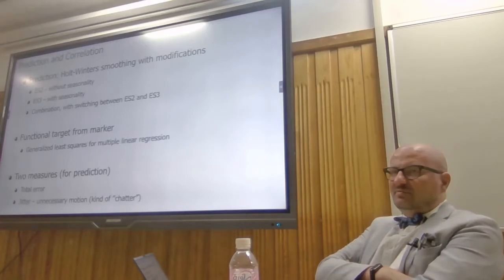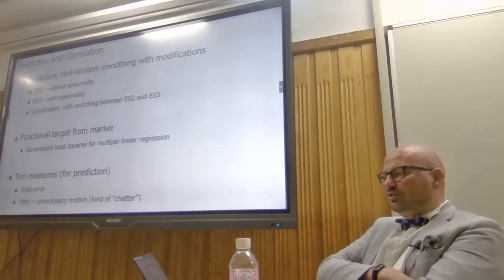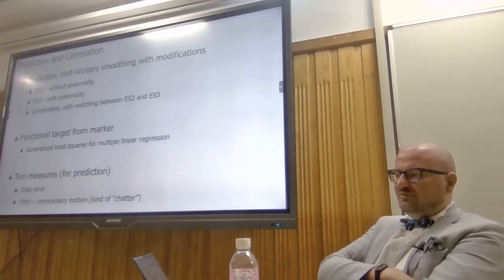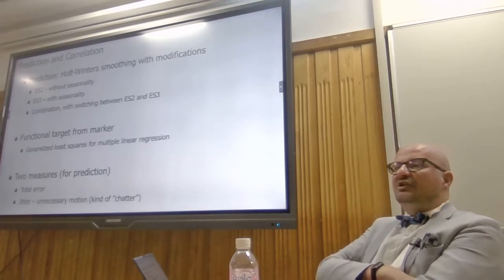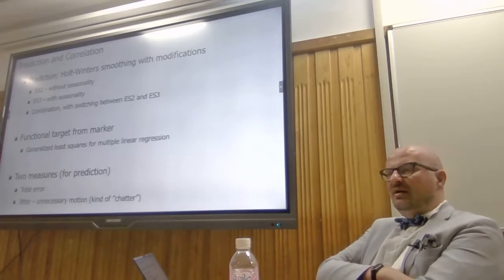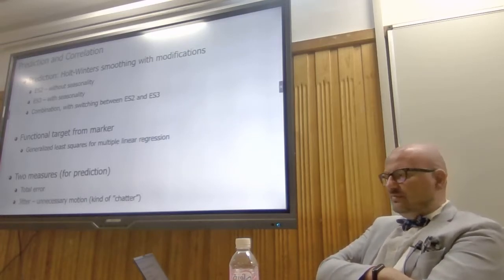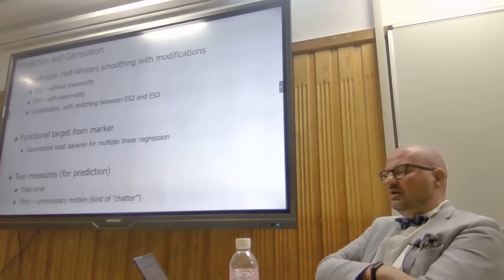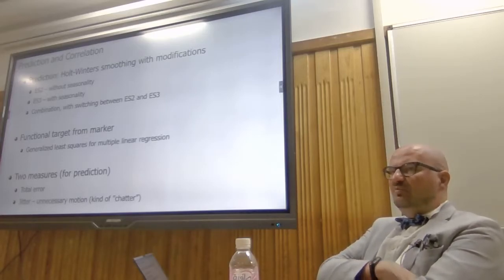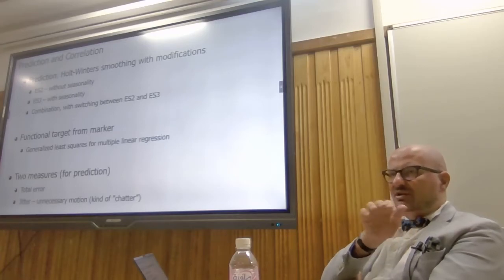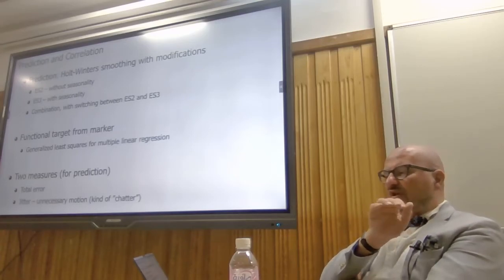So our best results we have achieved using so-called Holt-Winters smoothing with modifications. And we did several modifications, depending on the breath patterns of the humans. So basically, Holt-Winters is a very simple model. You say that you use the same prediction all the time, but then you look at seasonality.